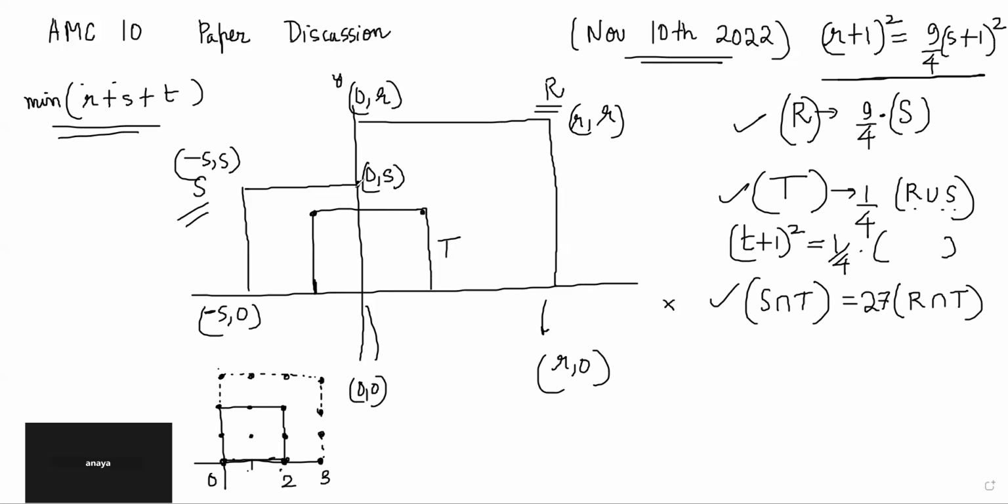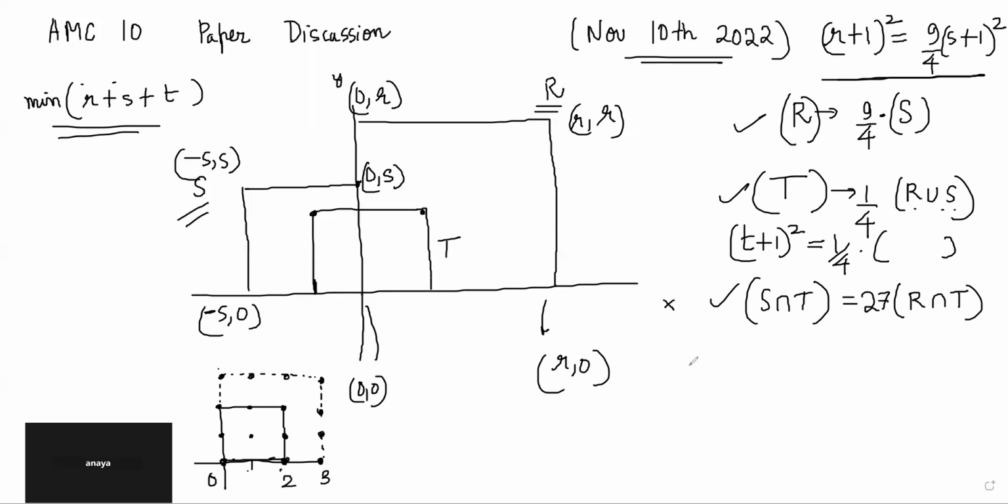The common ones are going to be counted twice, so we need to subtract them. So, from (0, 0) to (0, S), there are S plus 1 lattice points, right? So we need to subtract them once because they will be counted twice otherwise. Correct.